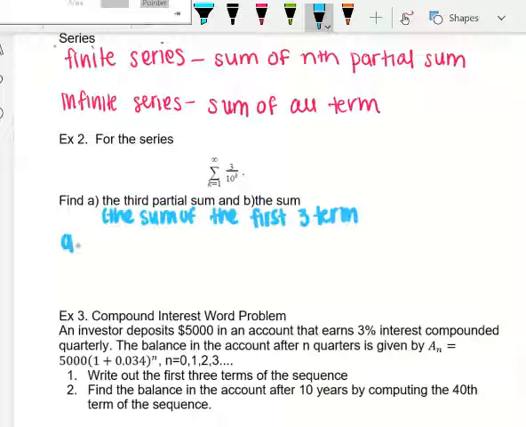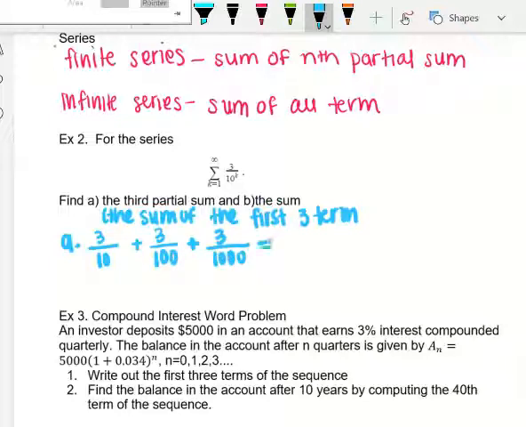Okay, so that would be plugging in 1, 3 over 10, plus plugging in 2, 3 over 100, plus plugging in 3, 3 over 1000.